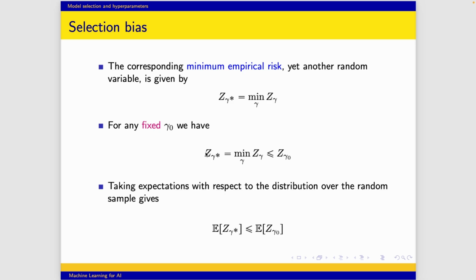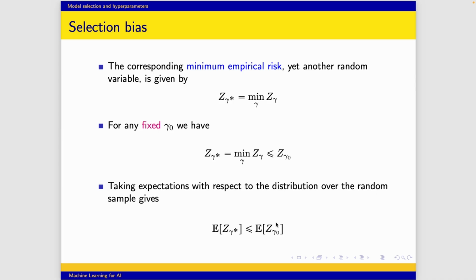Now let's take the expectation of both sides with respect to the distribution over our random sample, right? Now, here we can use something called, we don't need to bother about it too much, the monotonicity of expectation. In order to do this, we're going to get the expected value of this is less than or equal to the expected value of this.